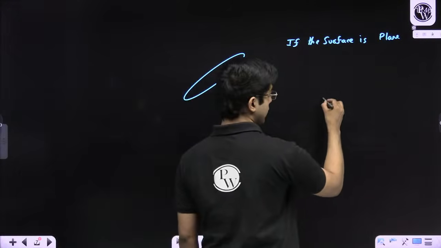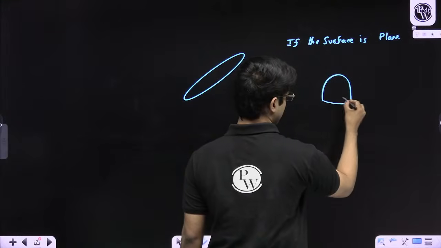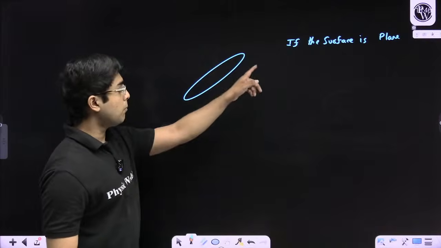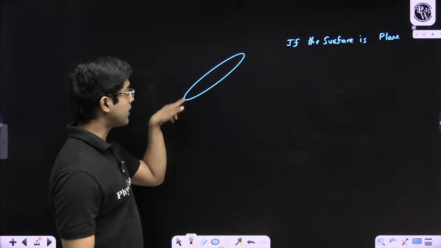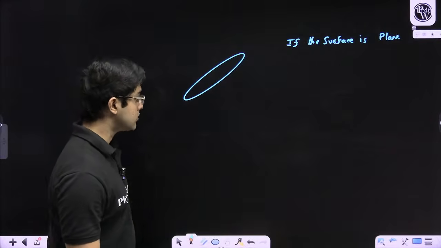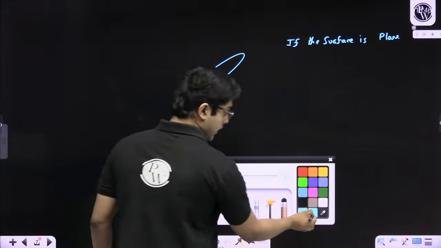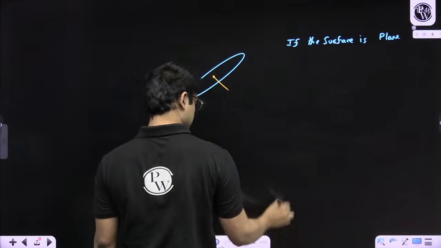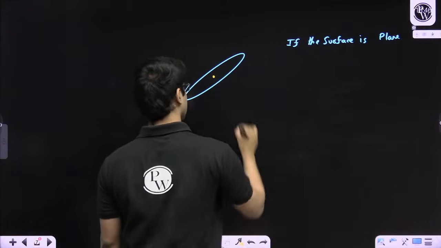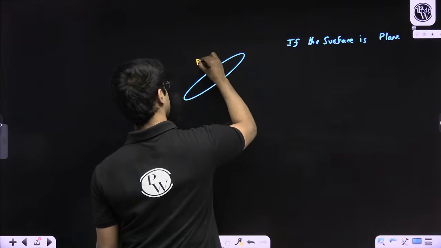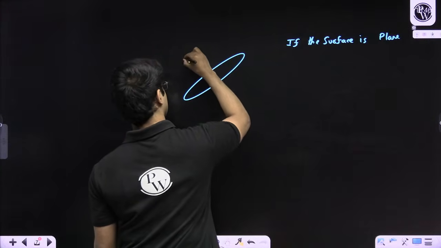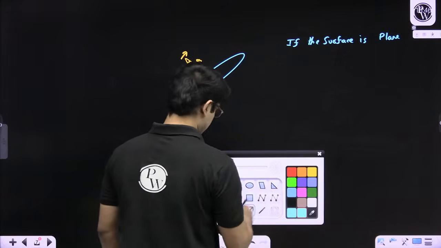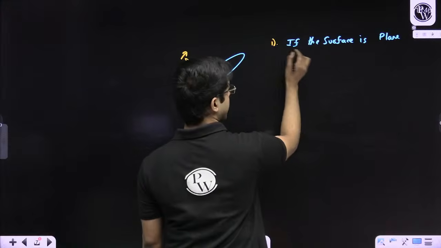An example of a curved surface is a hemisphere, so you cannot apply this to a hemisphere. But when it is a plane surface area, such as a triangle, ellipse, circle or rectangle, then the area vector, let's say this is the A vector, and the electric field, this is the first thing: the area has to be a plane area.